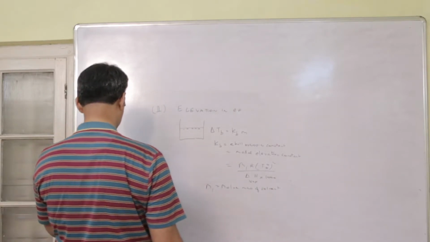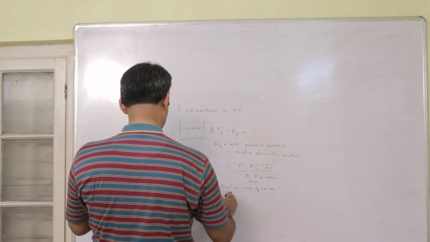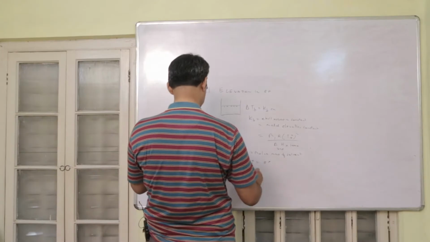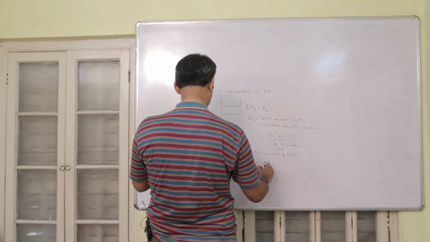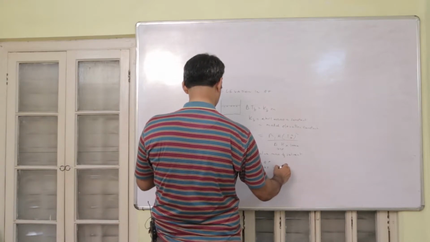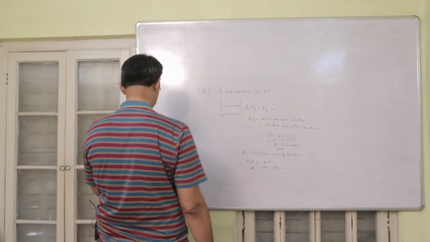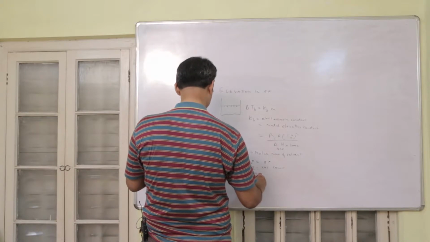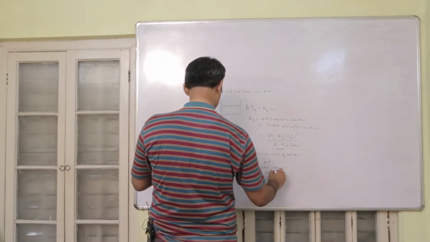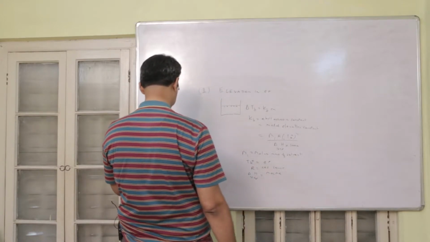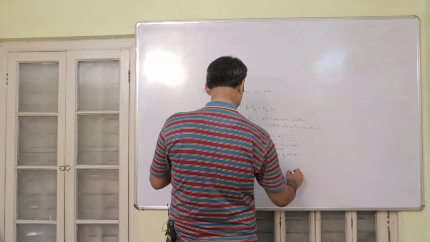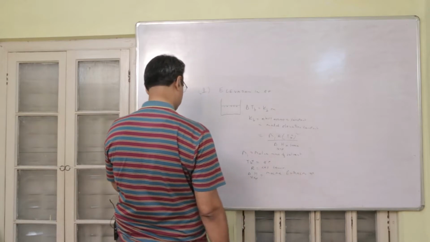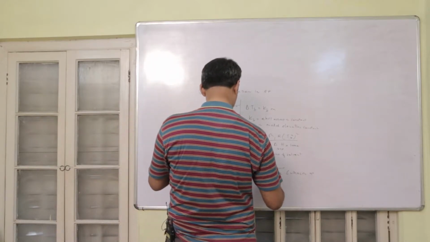So M1 is the molar mass of solvent, Tb naught is the boiling point, R is the gas constant, and delta H vaporization is molar enthalpy of vaporization.